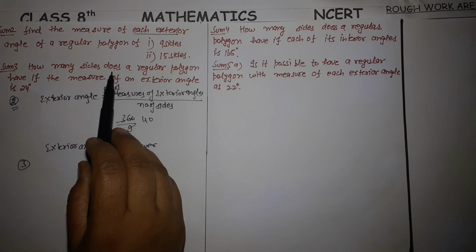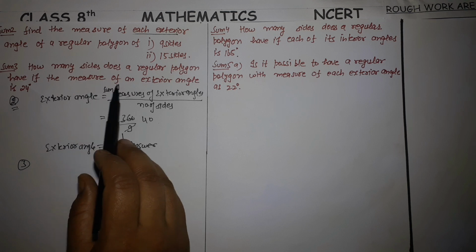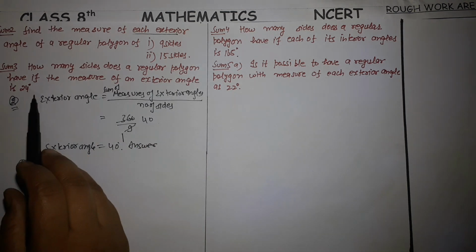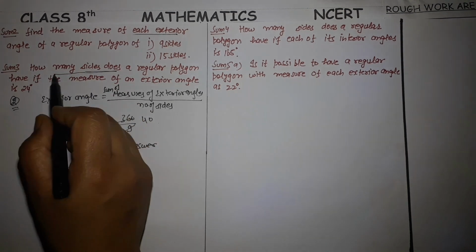How many sides does a regular polygon have if the measure of an exterior angle is 24 degree? In this question we will find the number of sides.